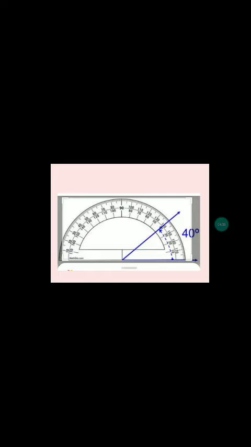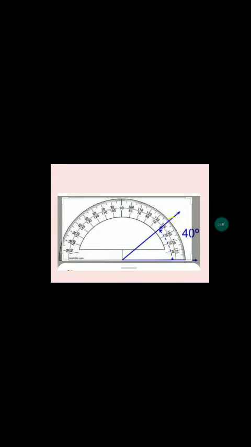You should draw a line on a scale, or with the help of a protractor, and then keep this point at the center and draw a line. When you draw this line in a straight way, and if you want to measure a 40 degree angle, just see where it is 40 and mark that point as 40.